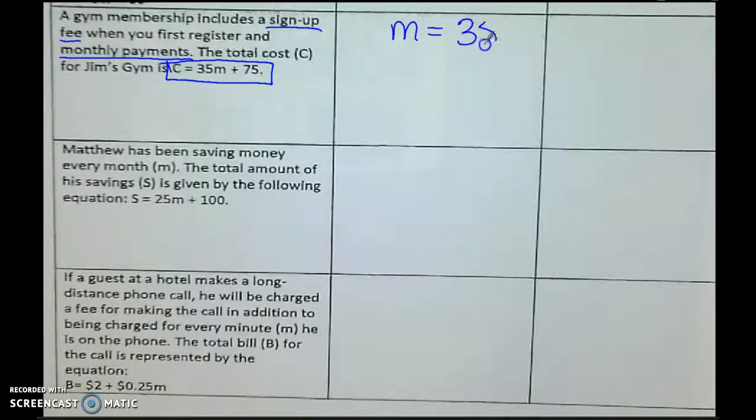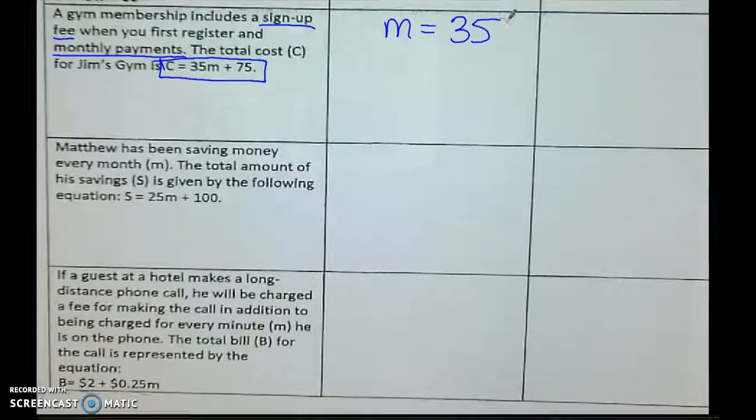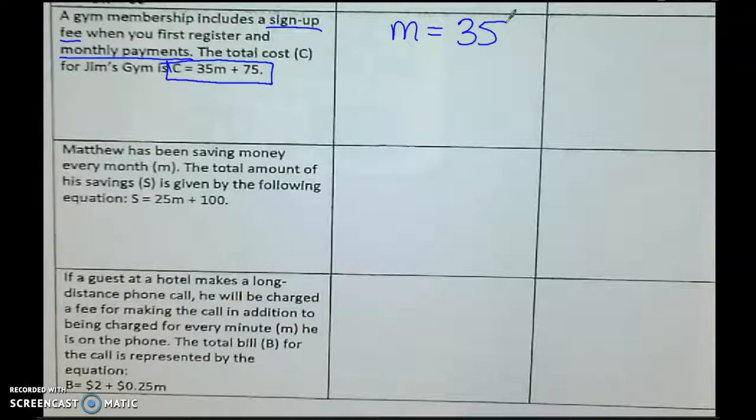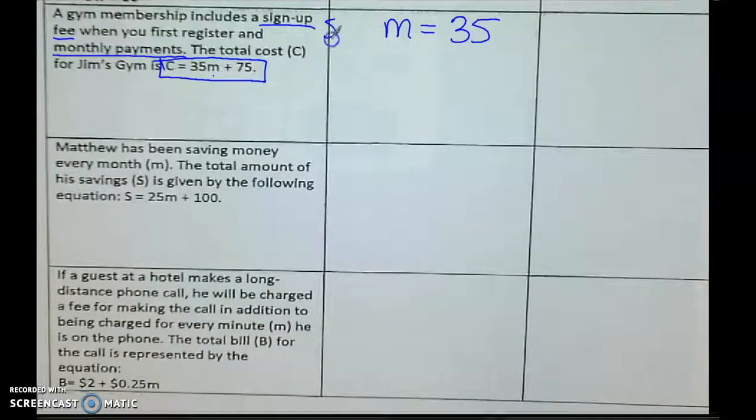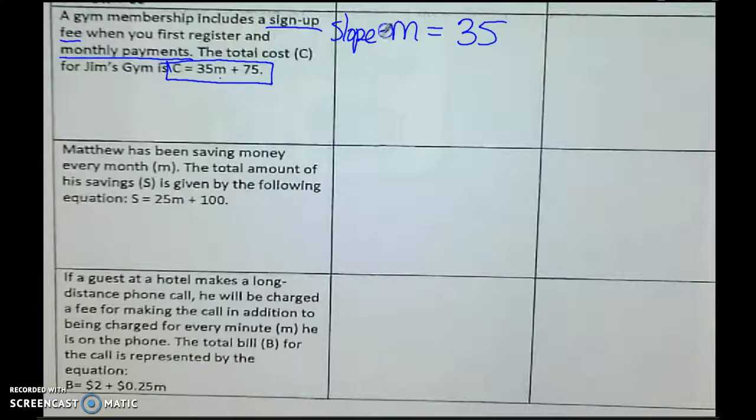Our M equals 35. Now you're going to think about what that means is happening each and every month. When I'm saying M, that's confusing because that equation has M. Really, we're talking slope. And then looking at our B, our y-intercept, B equals 75. What does that mean in that equation?